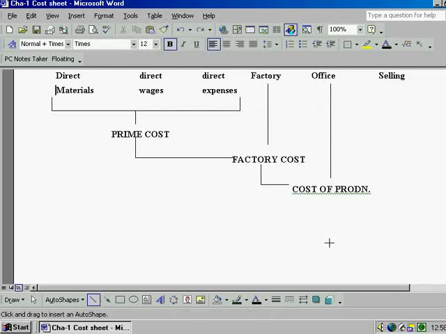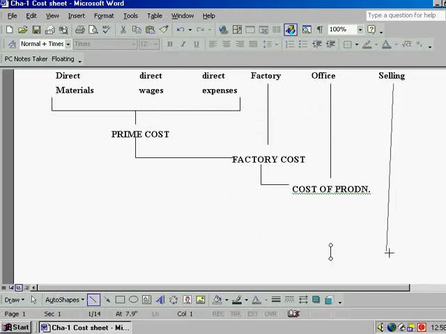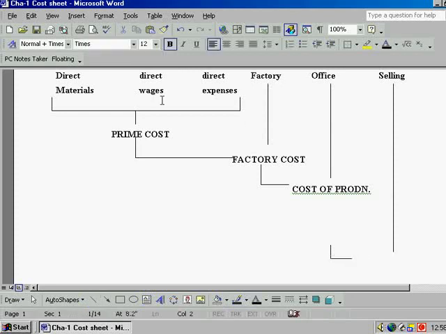Is that clear? The total you will call your total cost, also known as cost of sales. Is that fine?